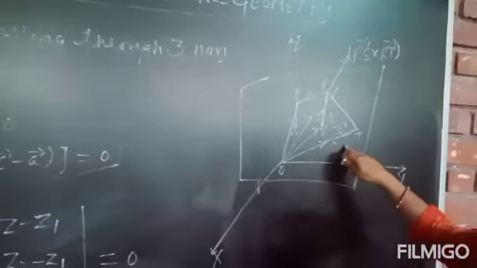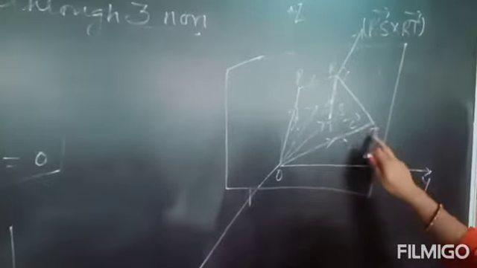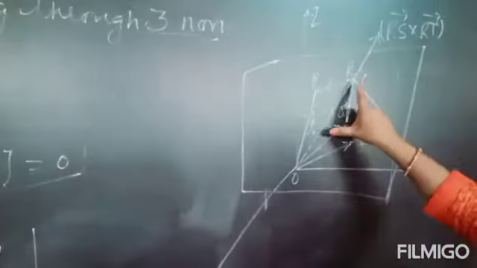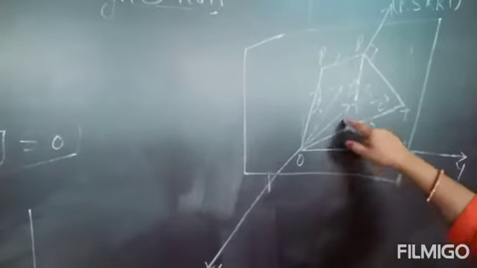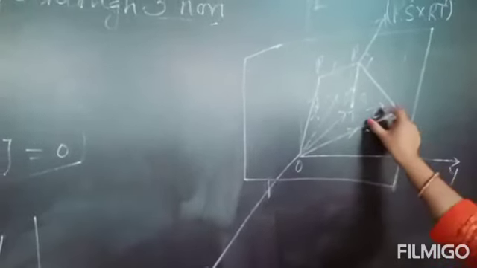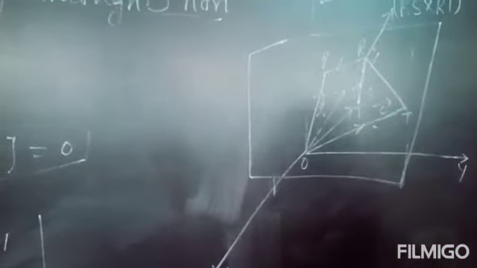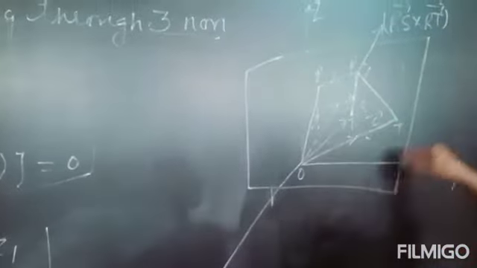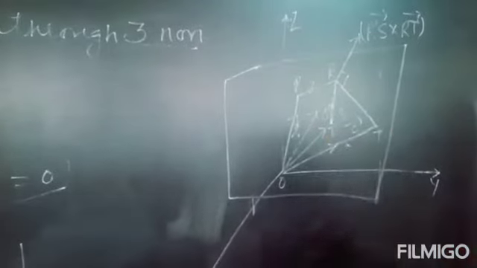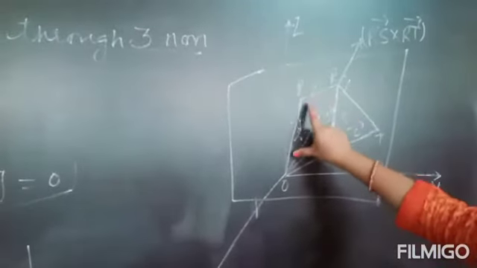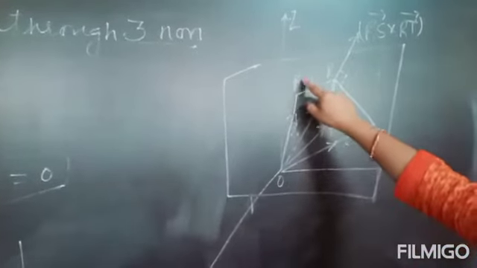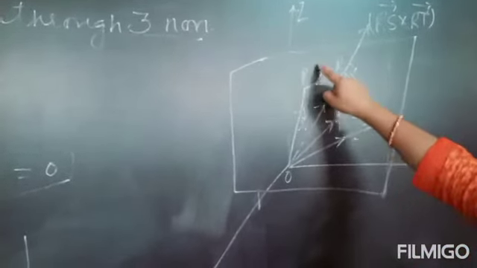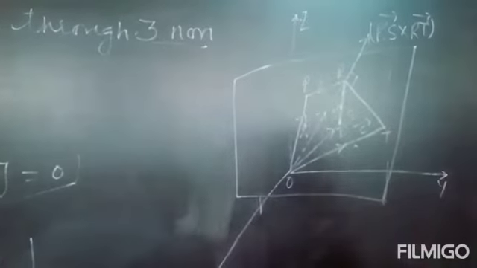Suppose the points are R, S and T. The position vector of R is A vector, of S is B vector, and of T is C vector. Here we have P, whose position vector is r vector, with coordinates x, y and z.